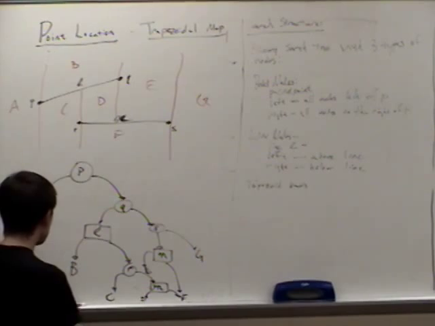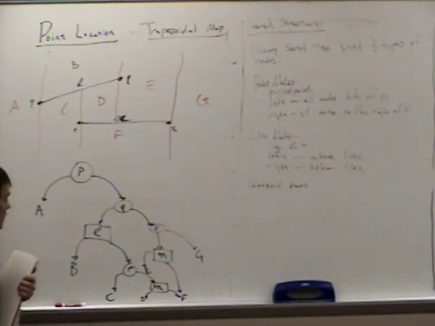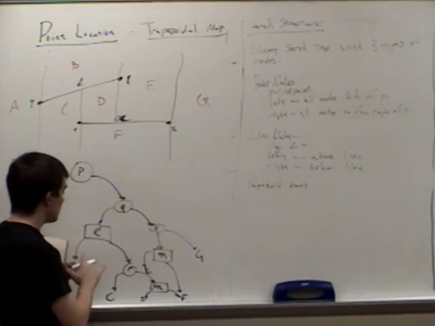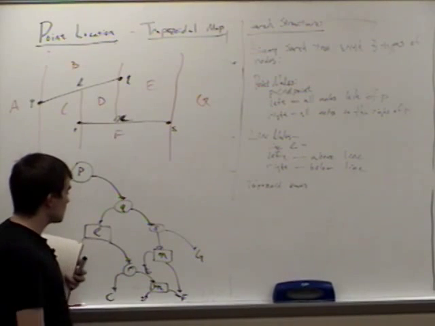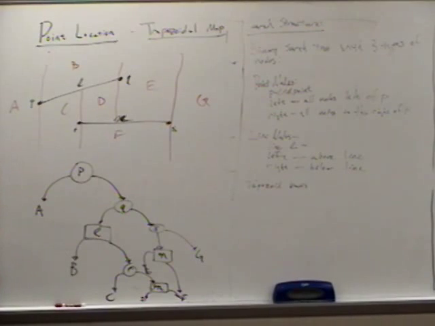So, okay, how big is this thing at the end of the day? Well, it turns out that if we enforce a sort of uniqueness property, then we can actually show that the number of leaves in this whole structure, the number of trapezoids, is just the number of trapezoids over here.